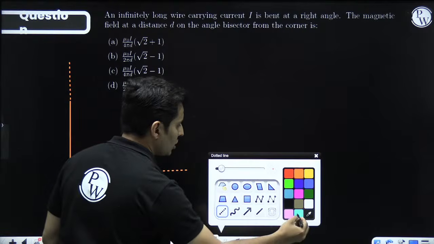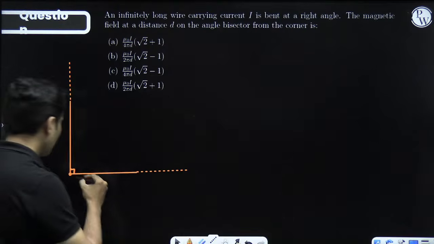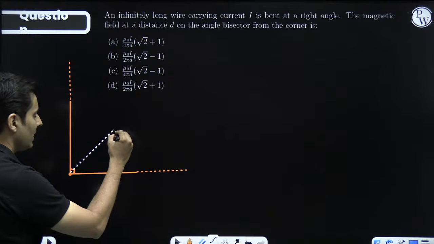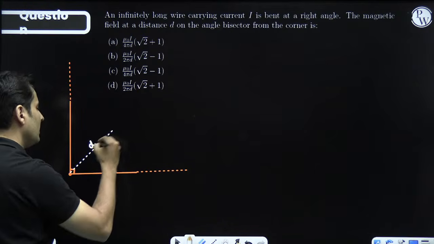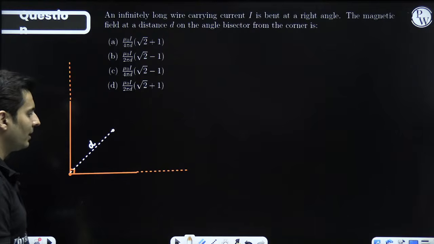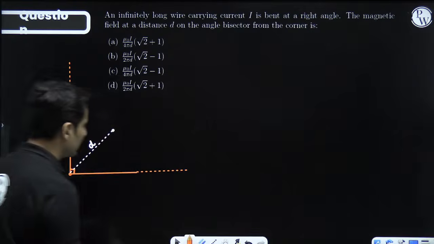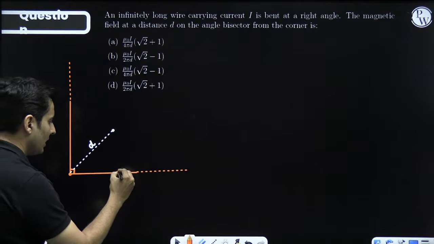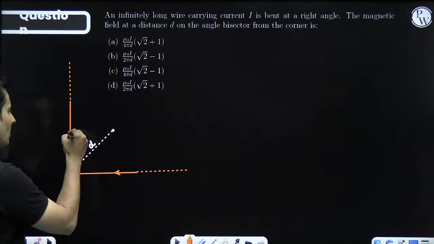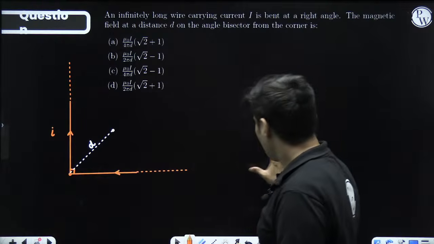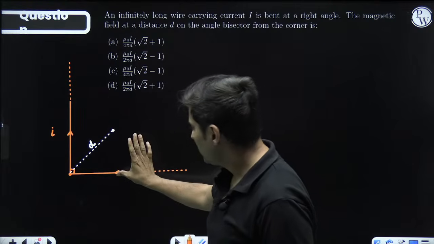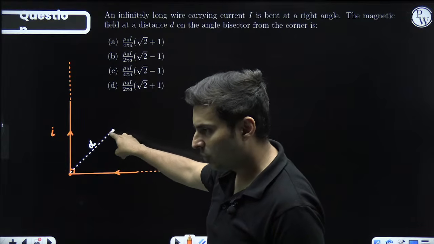Okay, so I am going to go here. This is the angle bisector. This is my distance d. Here is what I want to figure out, what the magnetic field is. Let's assume the current was going like this. If you use your right hand thumb rule, current going like that, the fingers go inside the plane of the board at this point.